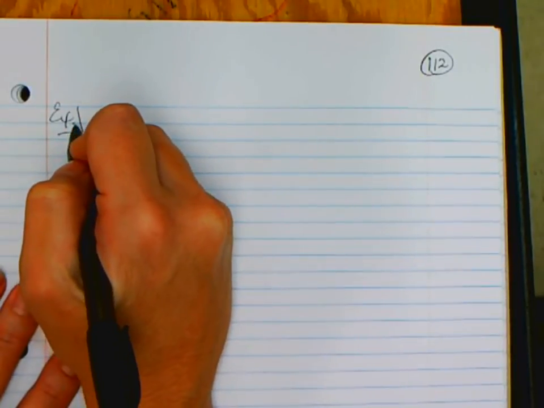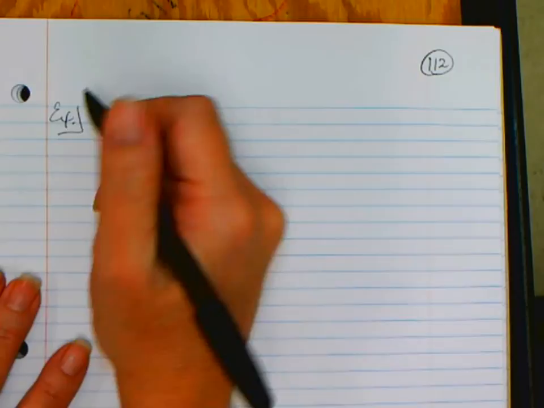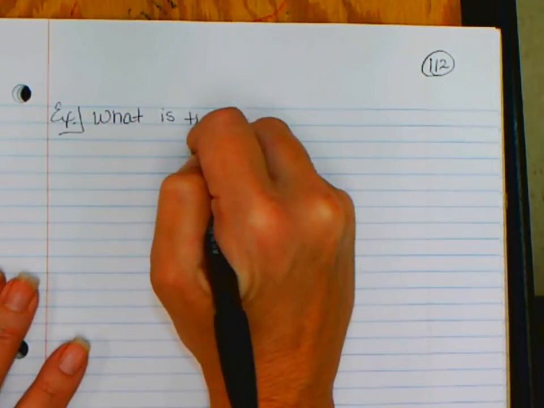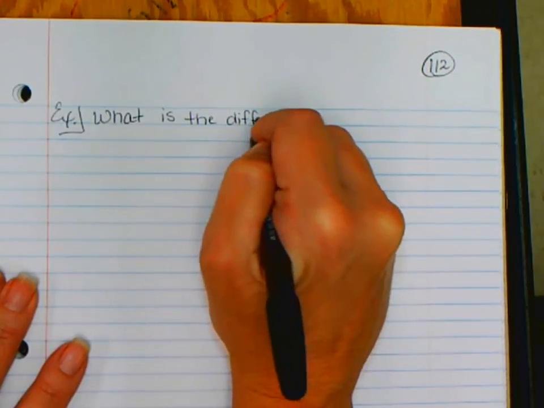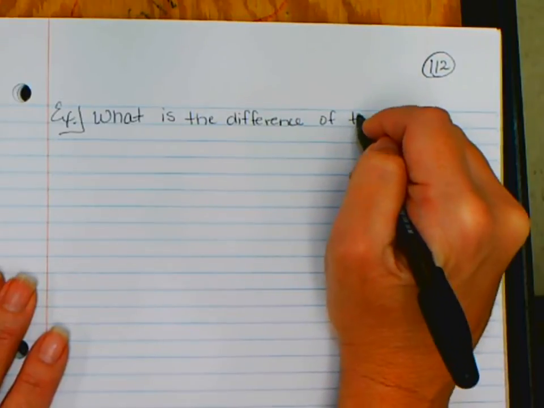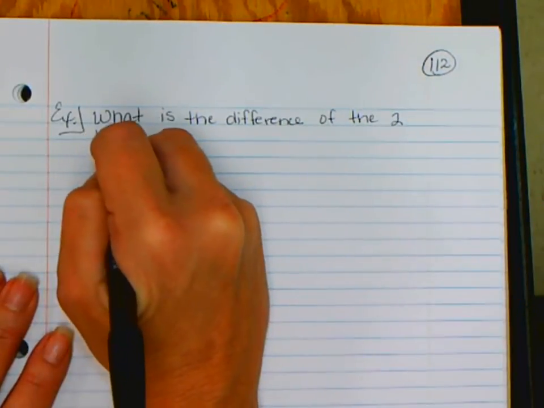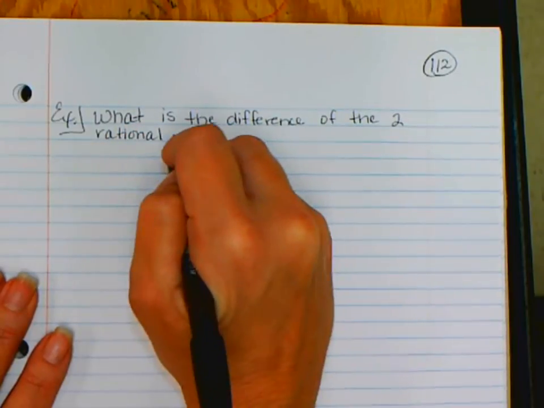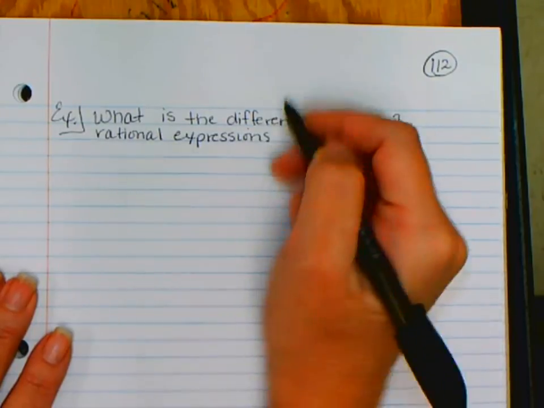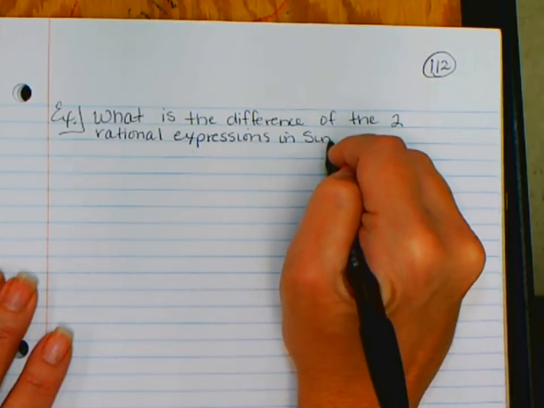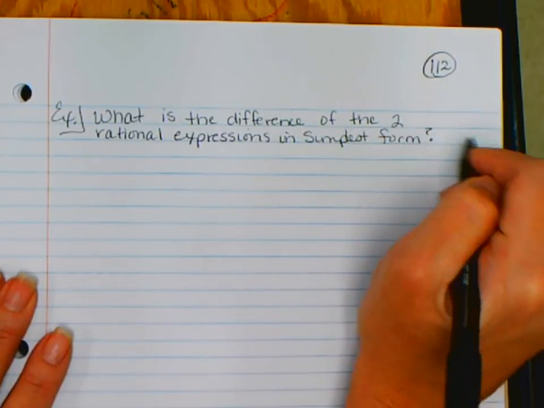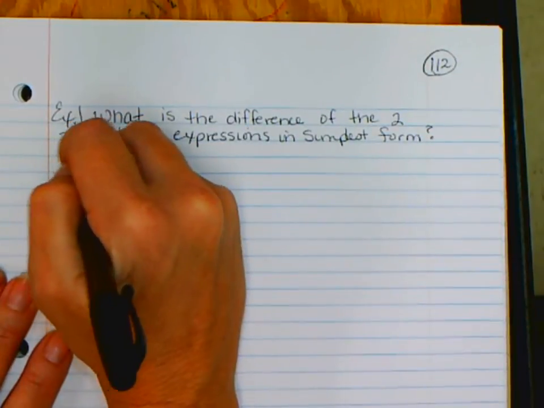Directions say, what is the difference of the 2 rational expressions in simplest form? State any restrictions on the variable.